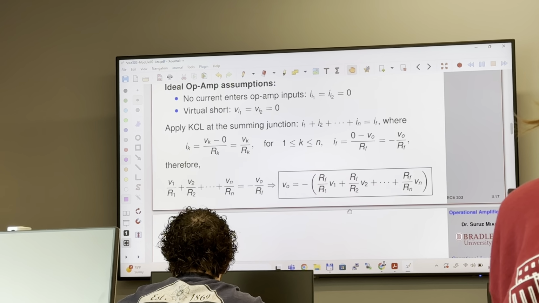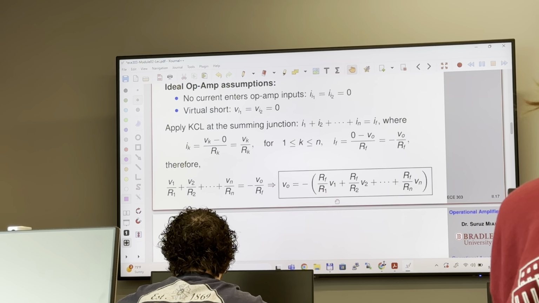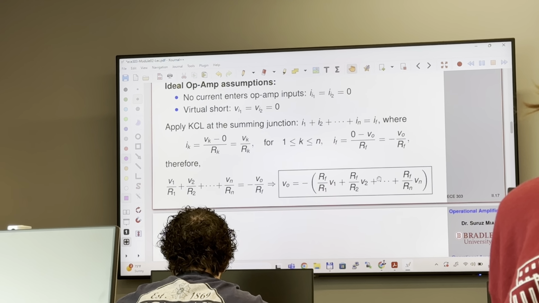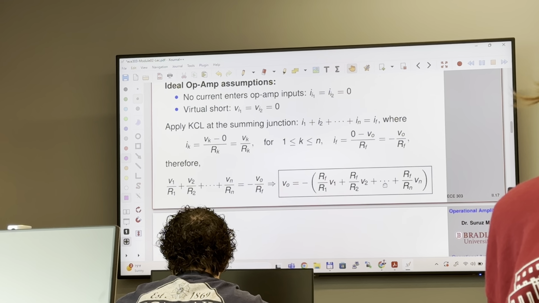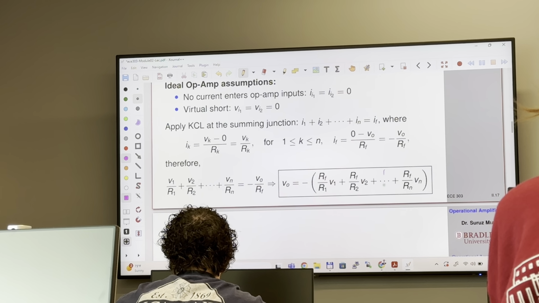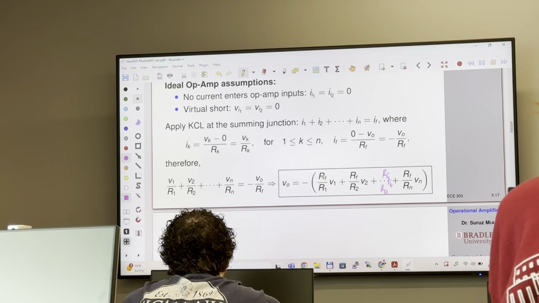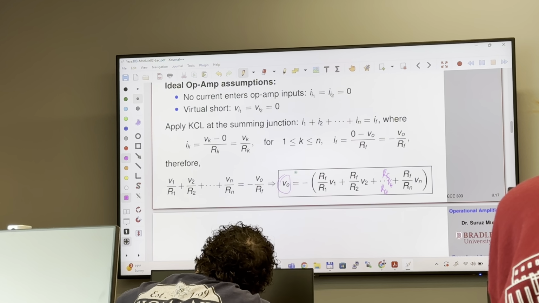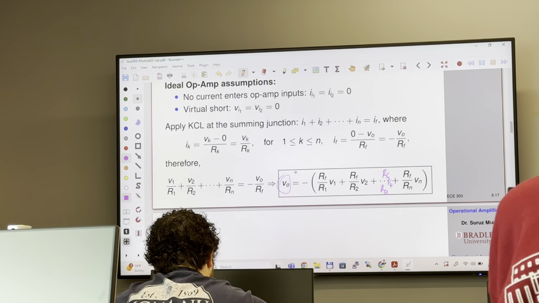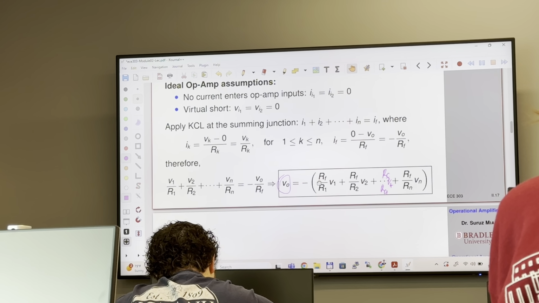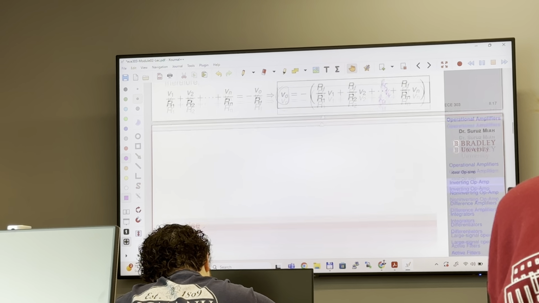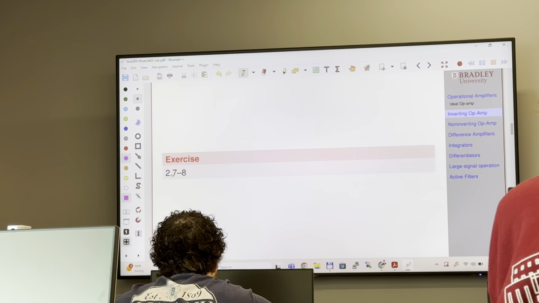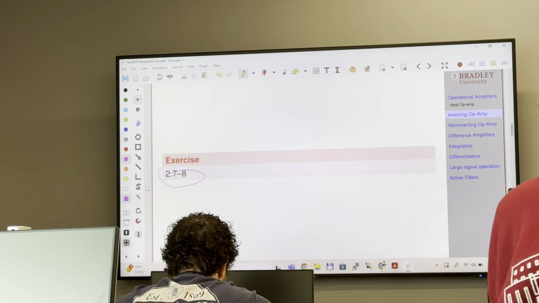Up to, let's say, maximum R4, RF over R4. I may give some values to RF and R1, and you just need to find the output. This is the weighted summer, and there is an exercise in the list of homework problems. In addition, I put these 2 exercises.